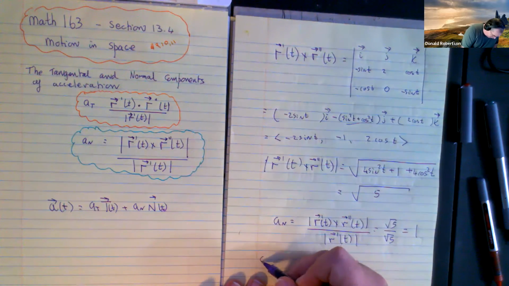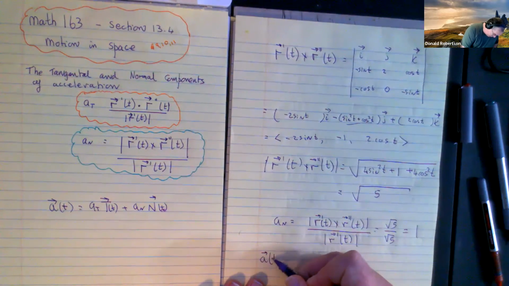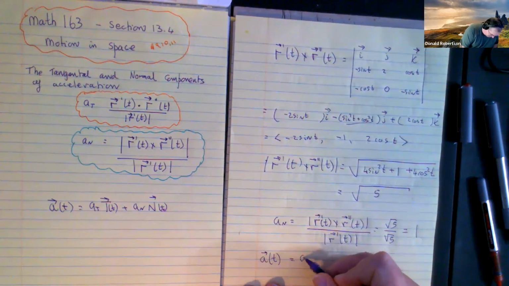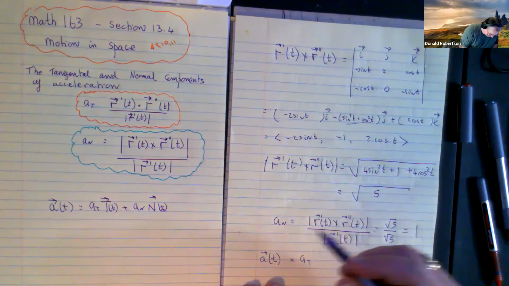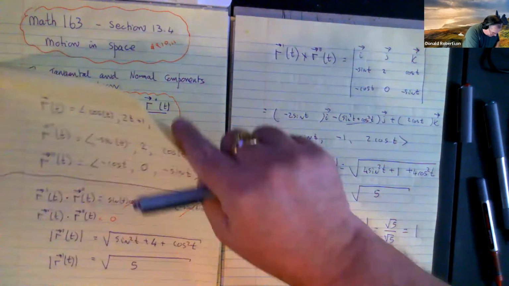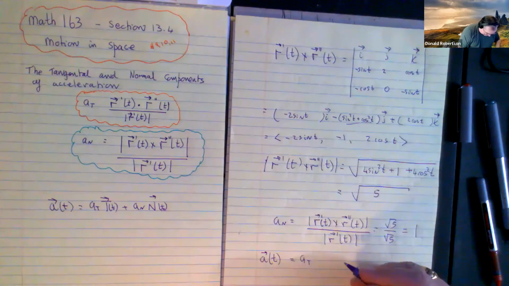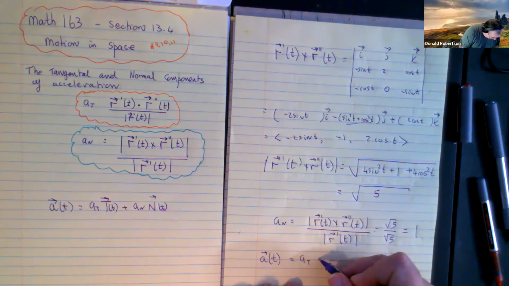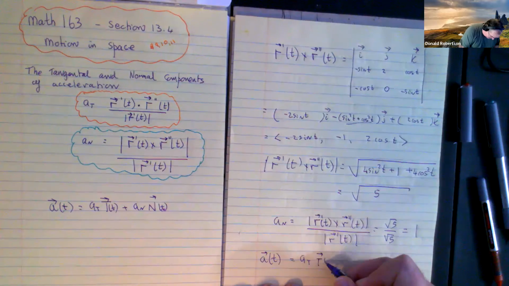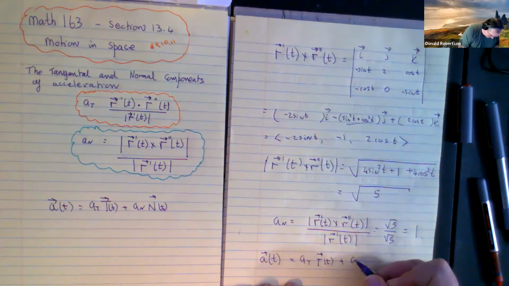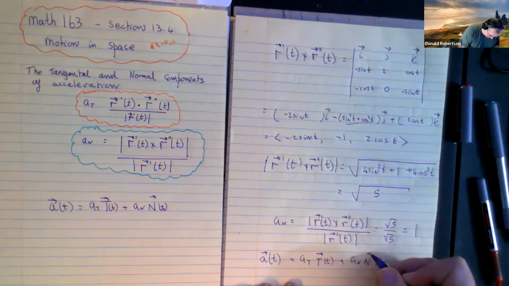If they don't ask you to do this, but I like this one, so I'm going to actually do it. The acceleration vector of this helix, this guy here, is given as this combination.